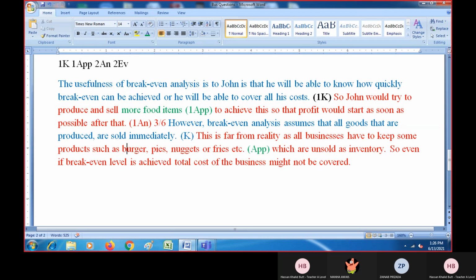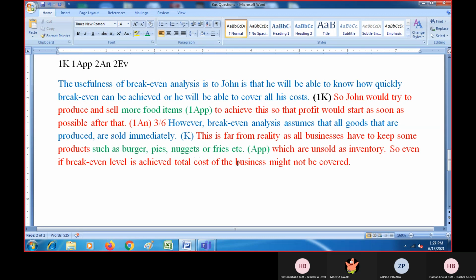Now let me use the same green color for the application we used there, such as the burger, pie, nuggets, or fries, etc. So now it's quite understandable that we have shown knowledge, so we gained 1 mark for the knowledge. We have shown application as well, so 1 mark gained there as well.